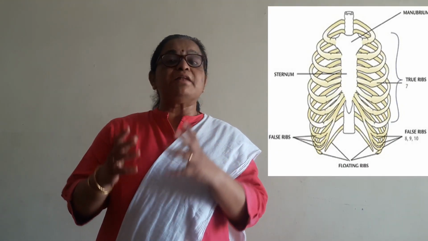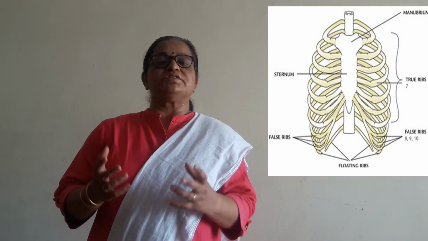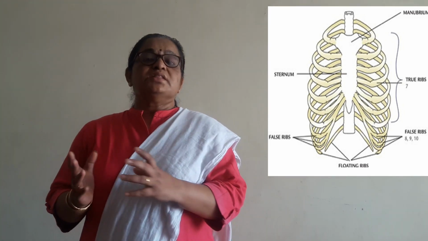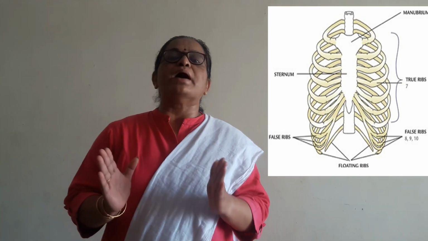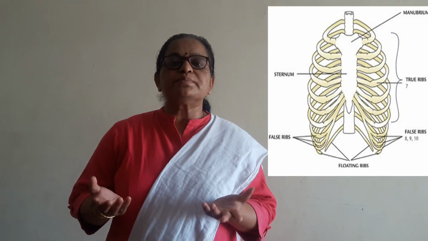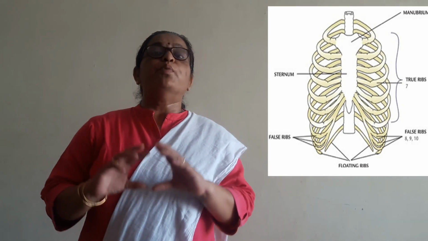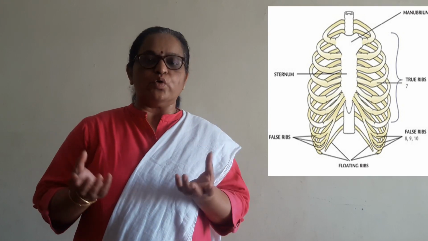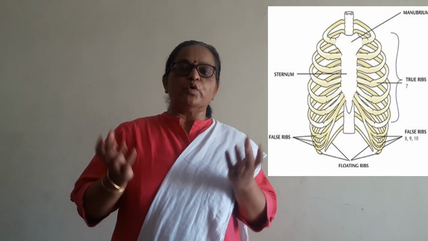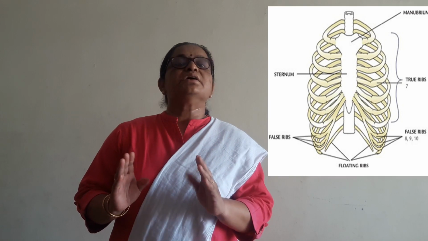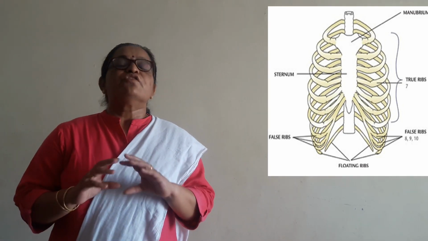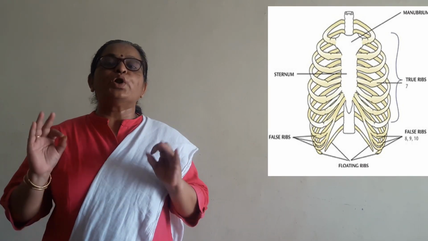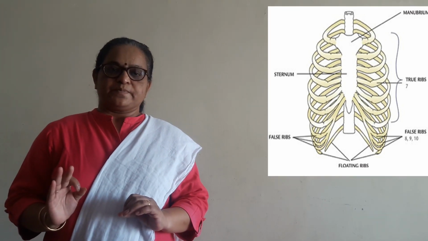The next part of this skeletal system is rib cage. The name itself indicates the meaning of it. Rib and cage. The cage-like structure formed by the ribs. Then what are the ribs? Ribs are bow-like or curved bones. Yes, curved bone. So rib cage is a cage-like structure formed by the bow-like bones.